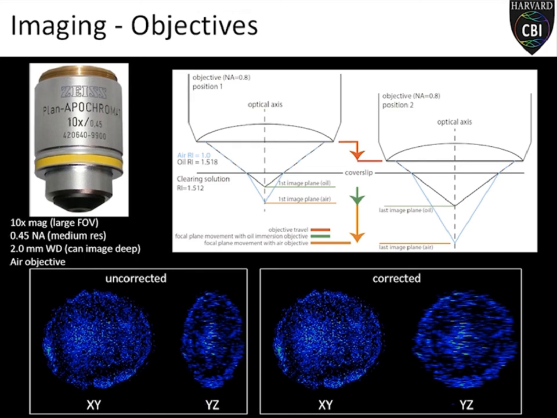So we actually need to correct this image. We need to tell our software that, hey, we actually moved further in the sample optically than the physical movement of the objective. And this is what's been done on the panel on the right. So once you apply the proper correction to this, you can see we now have a nice sphere in the YZ dimension as well as in XY.